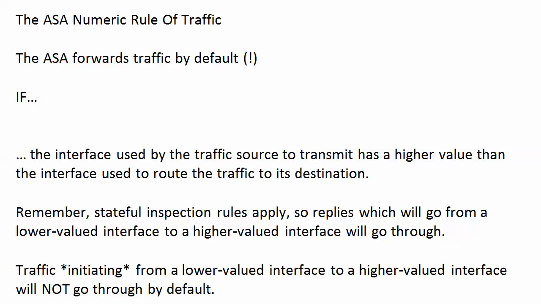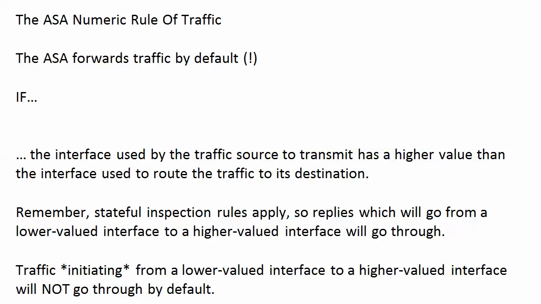So it's a fancy way of saying if the sending interface has a higher security value than the interface that's going to receive it, then you're gold. You're perfectly fine.